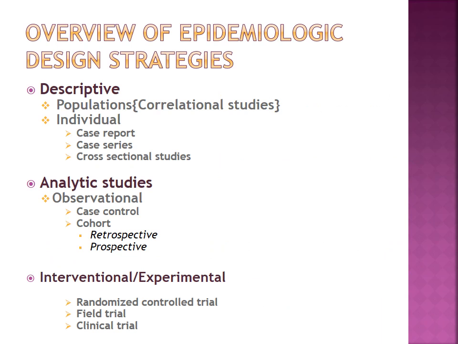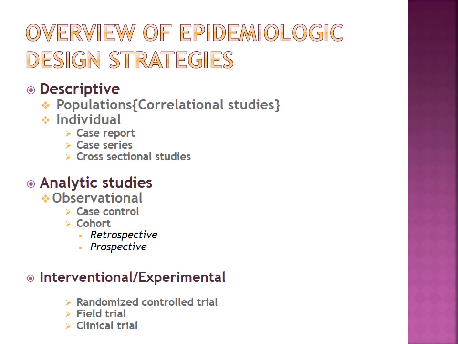This is an overview of the epidemiological design strategies. The descriptive can be according to the population or according to the individual. If it is among the population, then it is a correlational study, and if it is among individuals, then it is in the form of case report, case series, or cross-sectional studies.